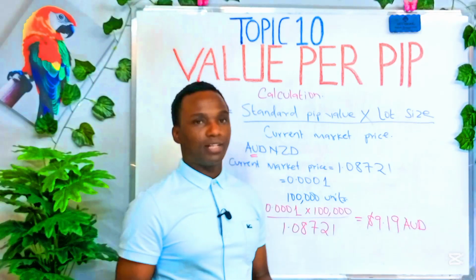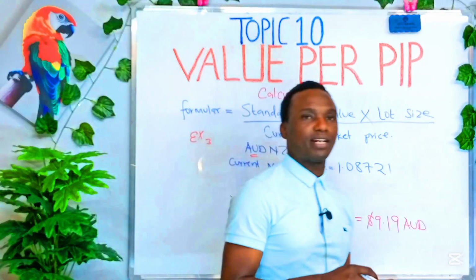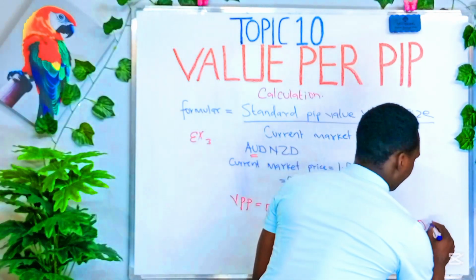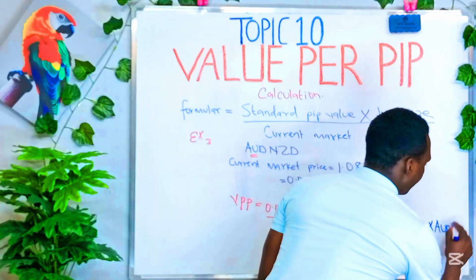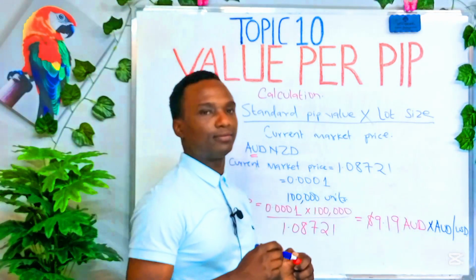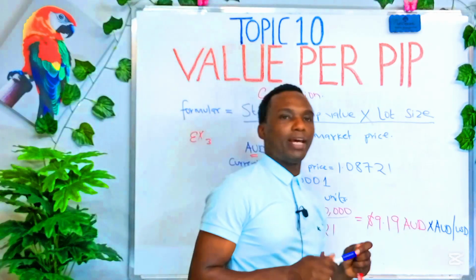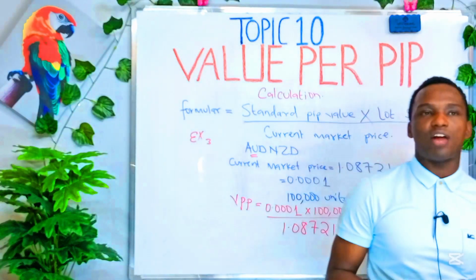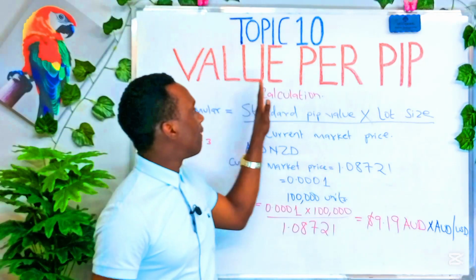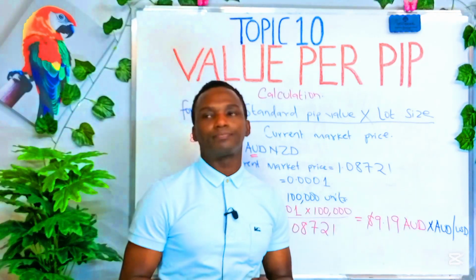Okay? I know that you do that very fast. You multiply this by the current price of AUD USD. All right? Good. So any questions about that? Any questions about the calculations of pip value?